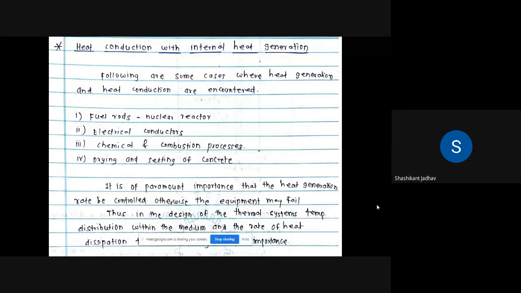Can anyone reply, is the screen visible? Yes, sir, it is visible. Okay, so there was an internet problem, because of which the screen suddenly was not visible.